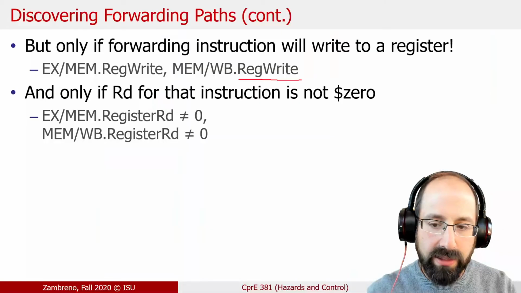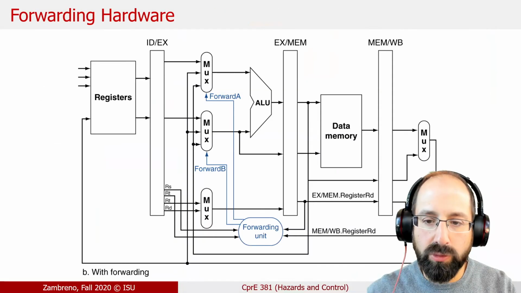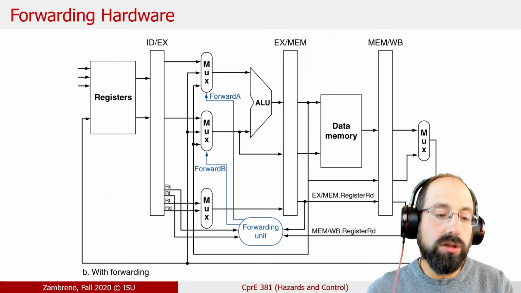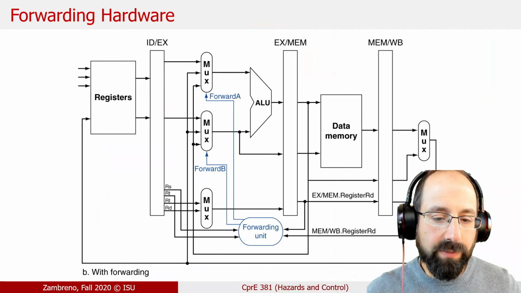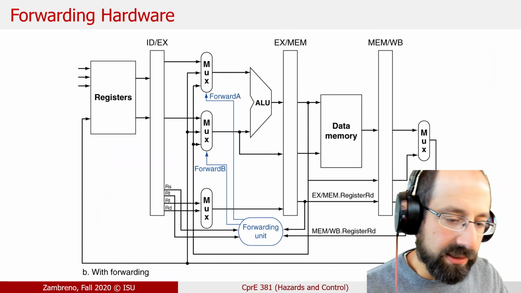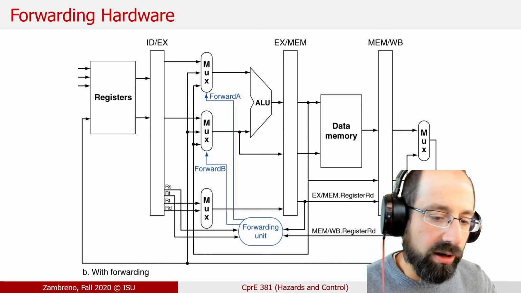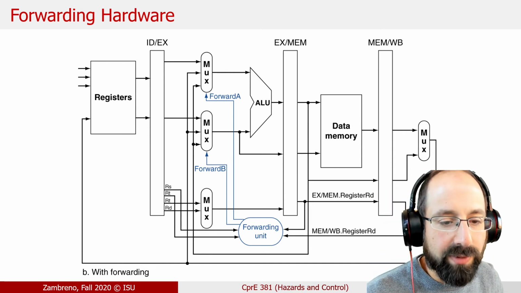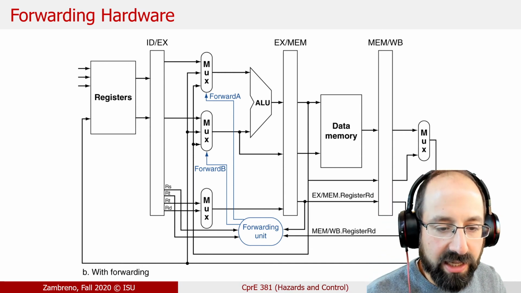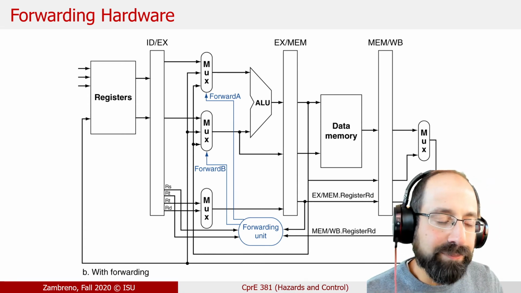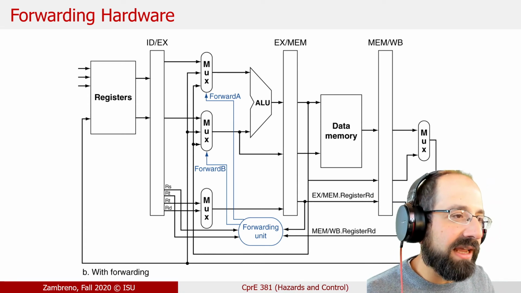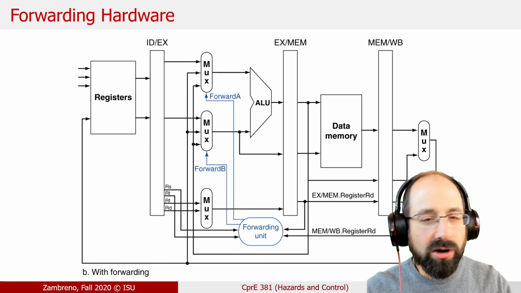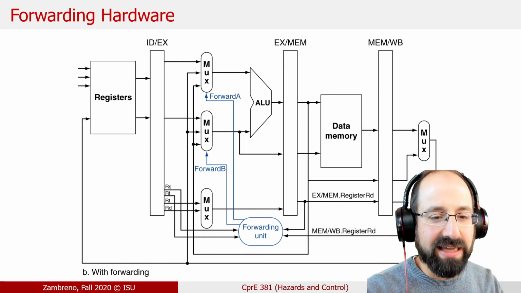And then finally, you can get a look at what our forwarding hardware could look like in your design. This is a simplified view of just part of the textbook description of what's happening with your forwarding logic in our pipeline. You have to be a little careful as you're trying to build hierarchy within your design.